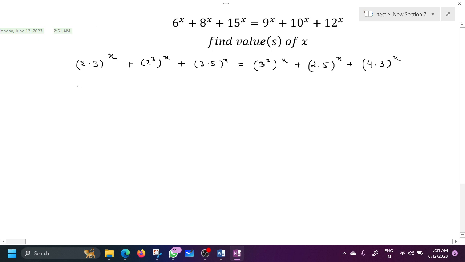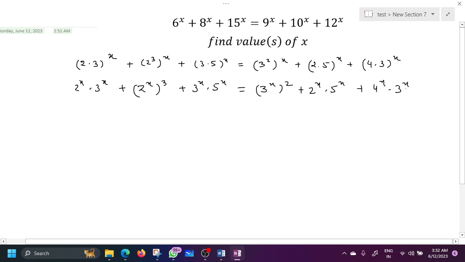Now you have 2 power x into 3 power x plus (2 power x) whole power 3. We can interchange the powers. Plus 3 power x and 5 power x is equal to (3 power x) whole square plus 2 power x, 5 power x plus 4 power x, 3 power x.